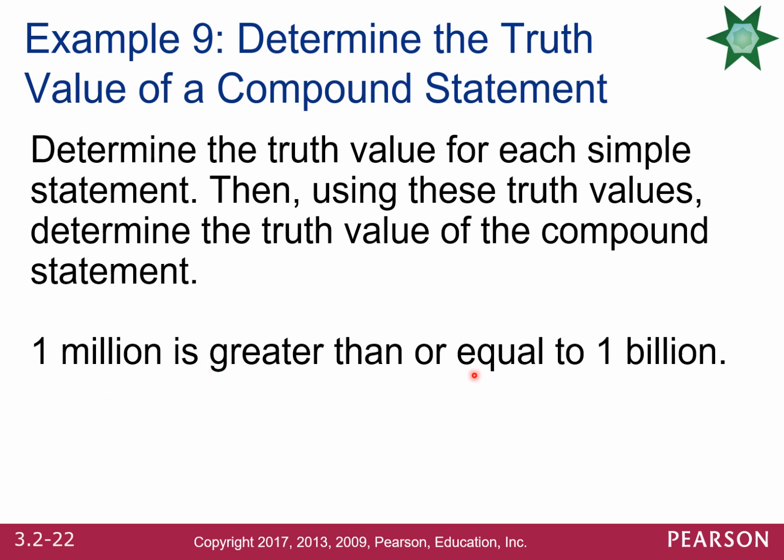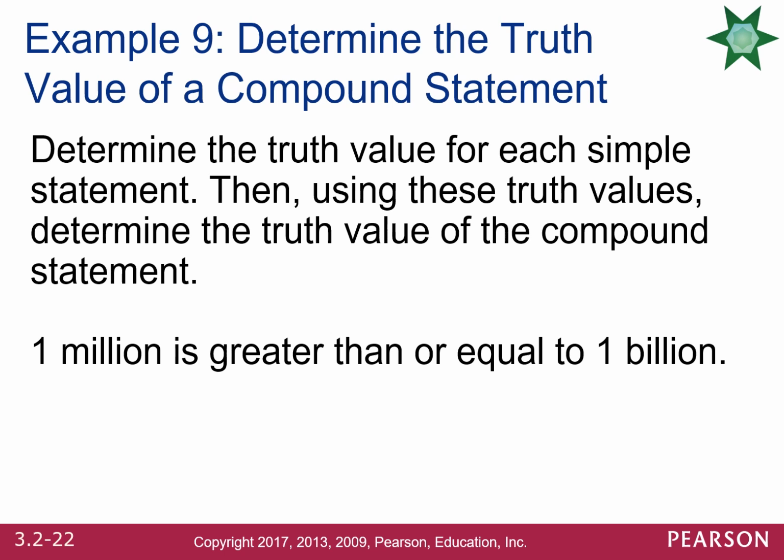We have the statement given to us, 1 million is greater than or equal to 1 billion. All right, so what this means is this has two statements in it. We can look at it as two separate statements. The first one is 1 million is greater than 1 billion. All right, so let me write that.